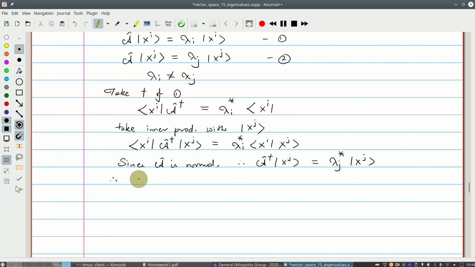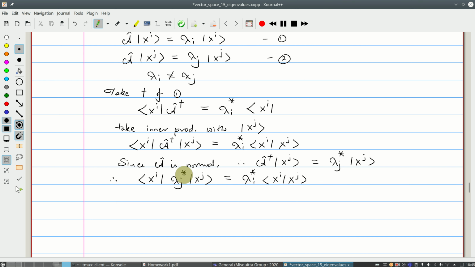Therefore, we get xi lambda j star xj is equal to lambda I star xi xj in a product.